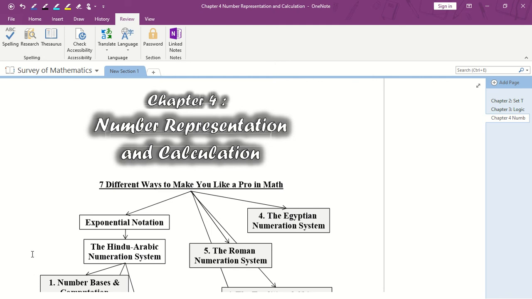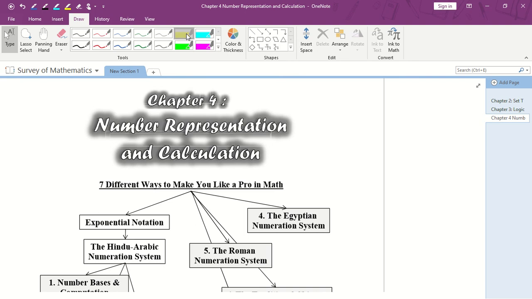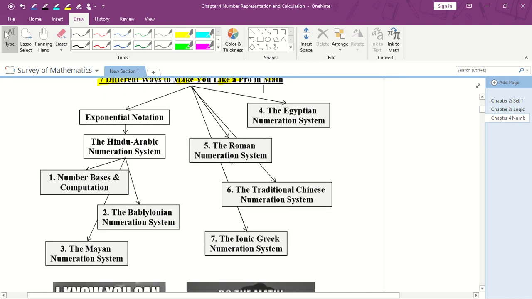Okay, so today when we talk about number representation and calculation in this chapter, I will summarize it as 7 different ways to make you like a pro in math. What are the 7 ways?